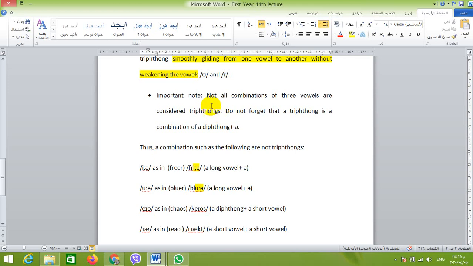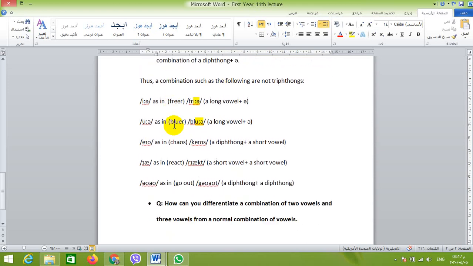Not all combinations of 2 vowels are diphthongs, and not all combinations of 3 vowels are triphthongs. We need to be careful when we deal with long vowel sequences, maybe 2, maybe 3 vowels, but they are neither diphthongs nor triphthongs.